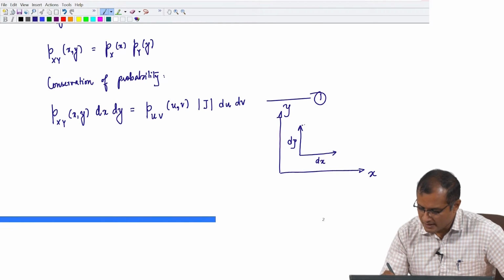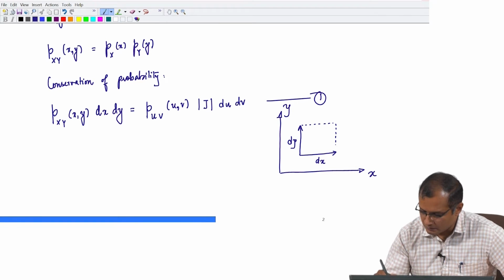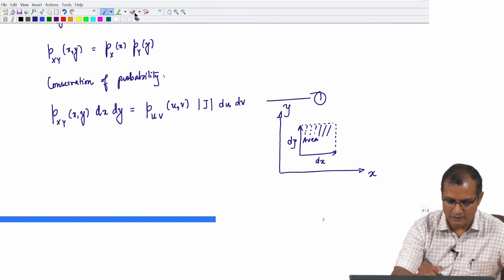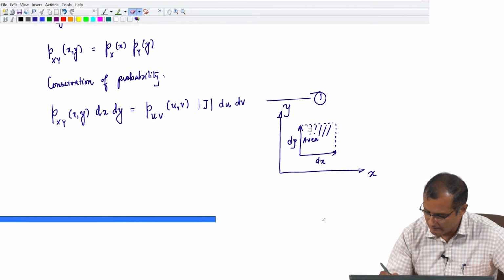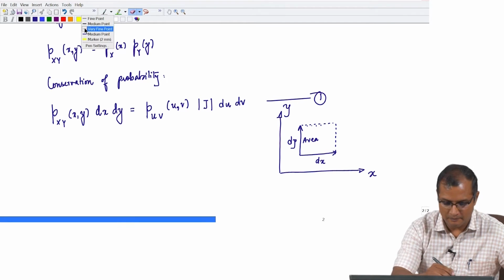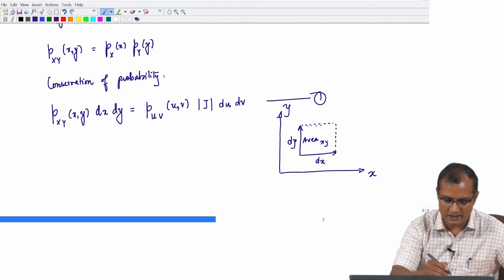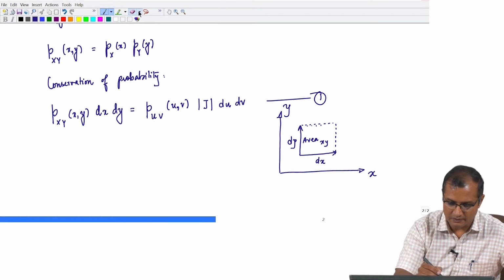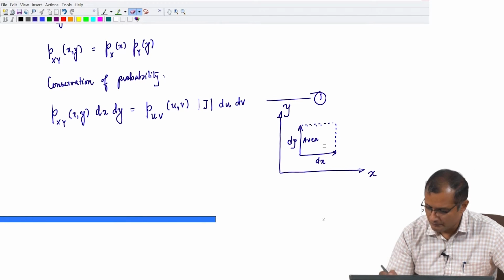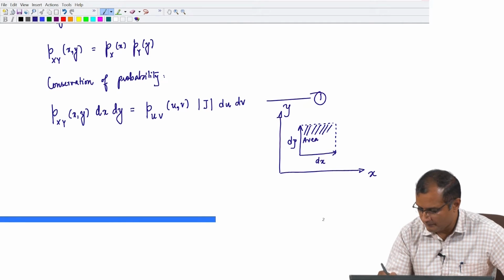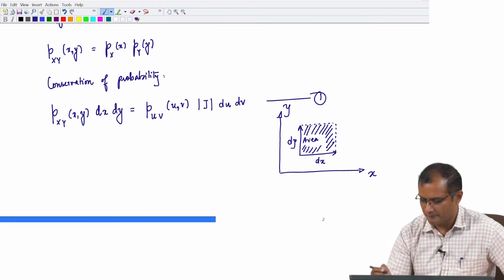And this is the small area that I would like to draw here. I will call it area x y, or let us just call it area.